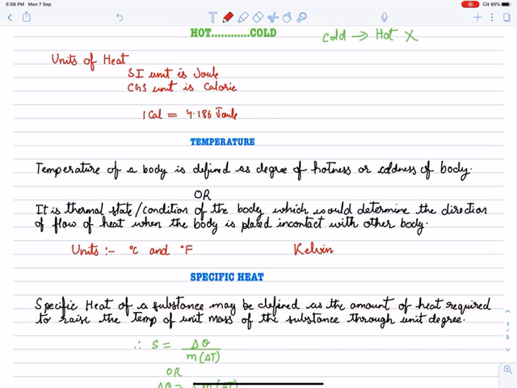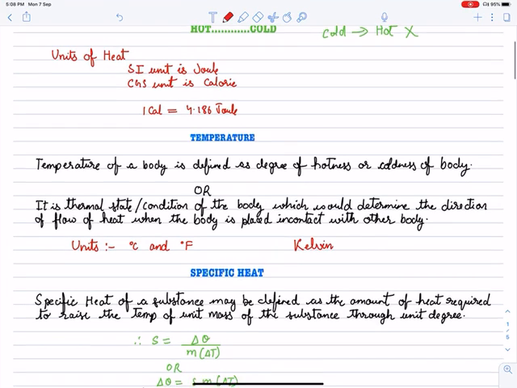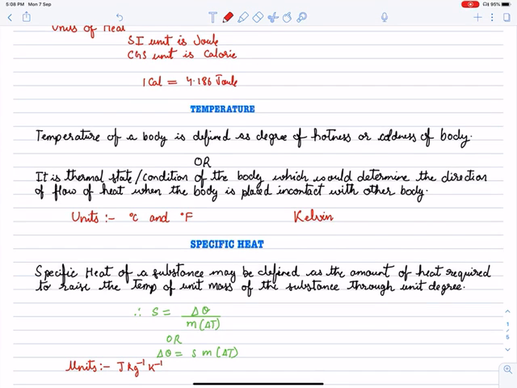At this point you do not need to know what the absolute temperature scale is, but you can remember it is measured in degree Celsius, degree Fahrenheit, and Kelvin. In numericals we will mostly use degree Celsius.